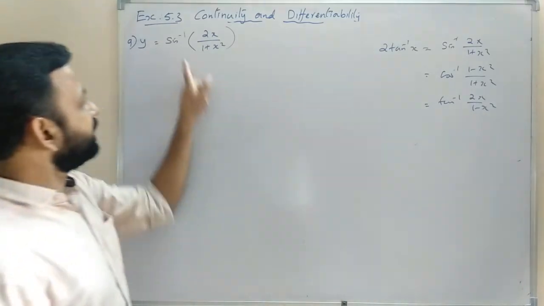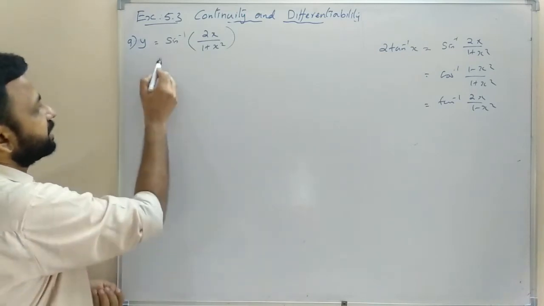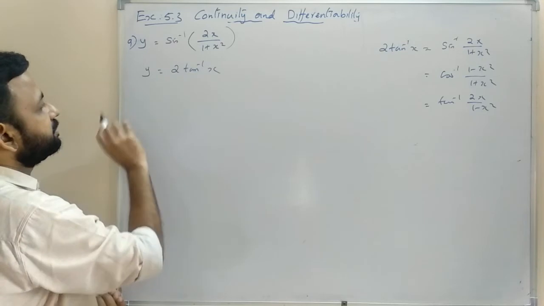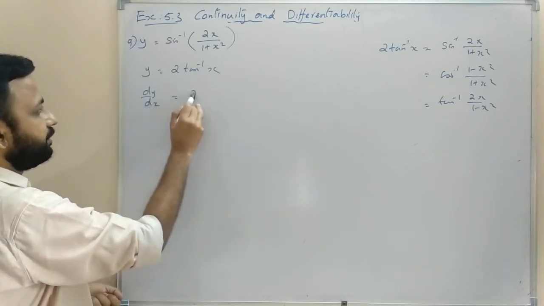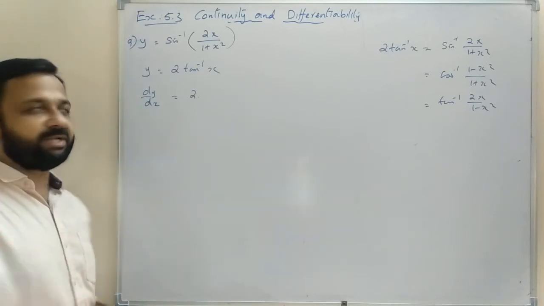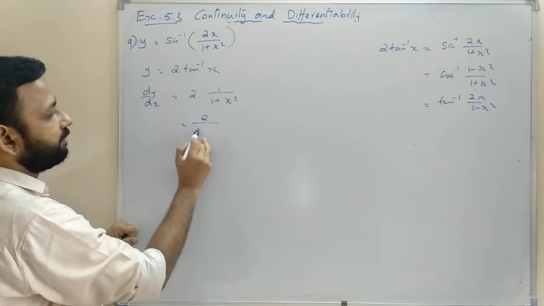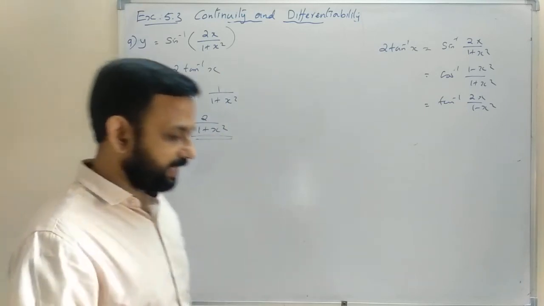So here sin inverse 2x upon 1 plus x square can be replaced by 2 tan inverse x. So y is equal to 2 tan inverse x. Now we can find the derivative. So dy by dx is equal to 2 into derivative of tan inverse x, 1 upon 1 plus x square. So the answer is 2 divided by 1 plus x square. So that is dy by dx.